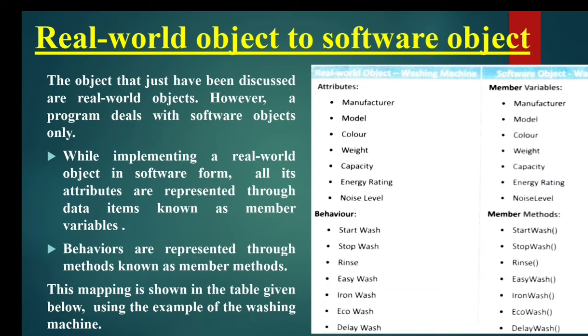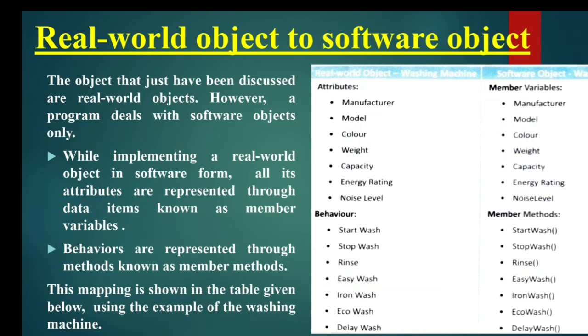Like this, we will convert every real world object into software object. Means for every object in the world, we have some characteristics and behavior also. In the software object, we will convert the attributes into member variables and behavior into member methods.